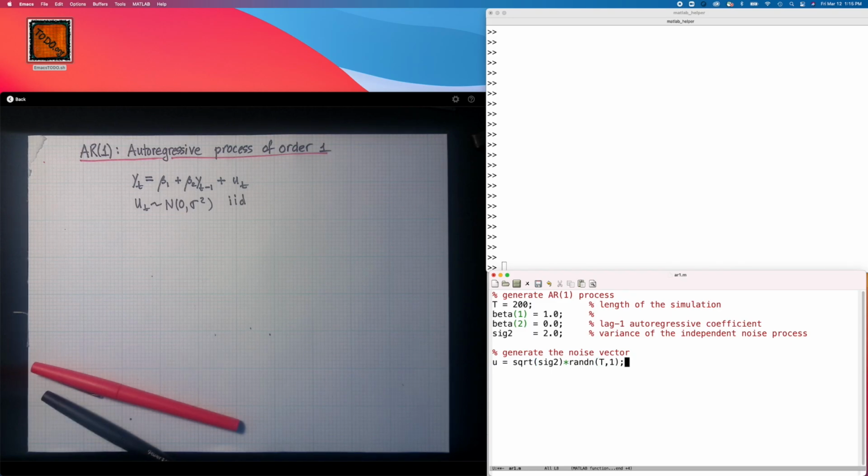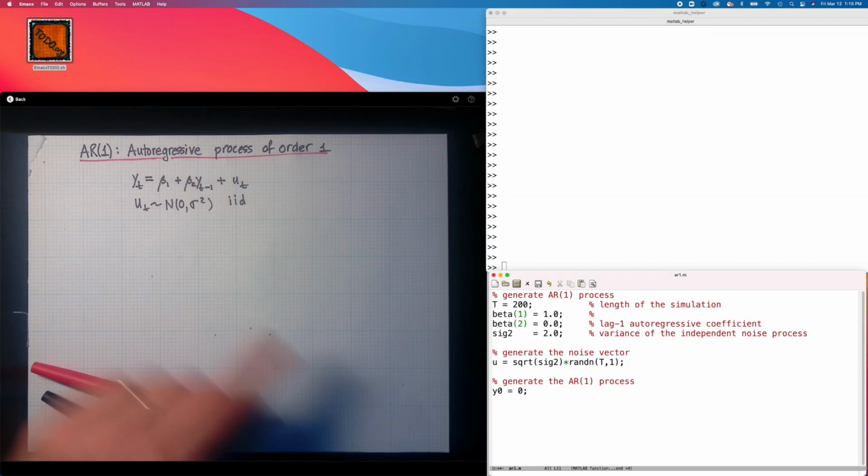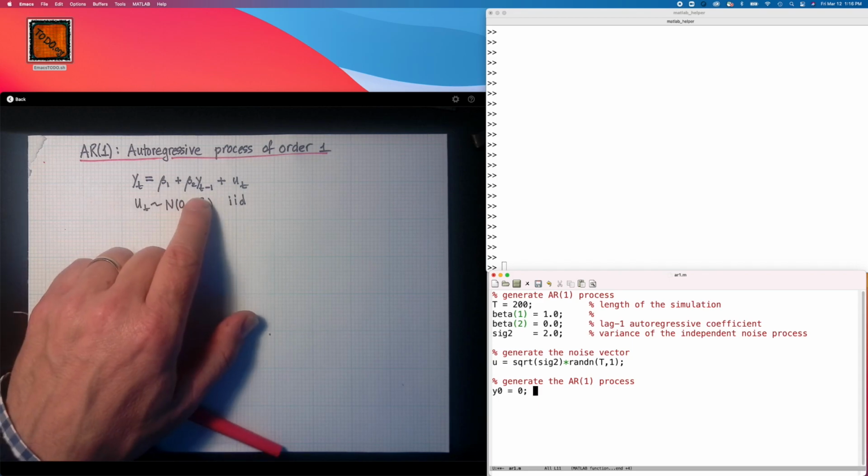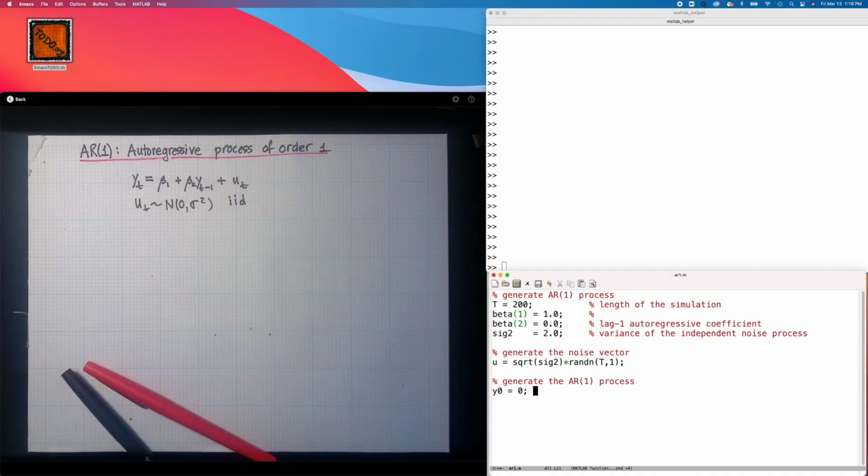So this will generate a t by 1 column vector of random variables whose mean is going to be 0 and whose variance will be sigma squared. And we're going to start off with the process. Since it's related to y at a previous time step, we're going to start it off at t equals 1, and for y of 0, we're going to assume that it starts at 0.